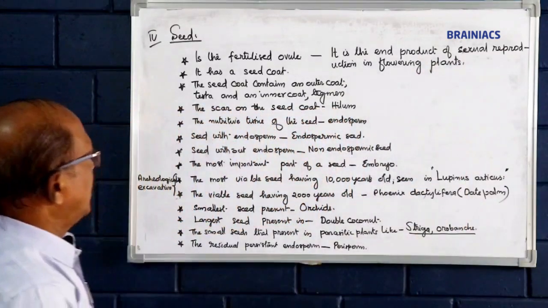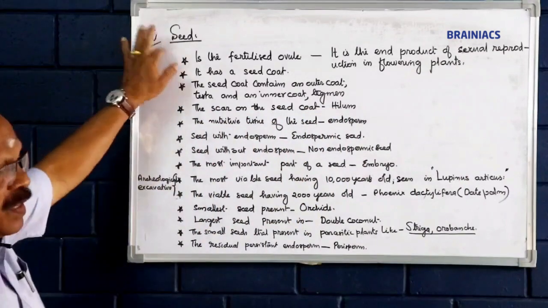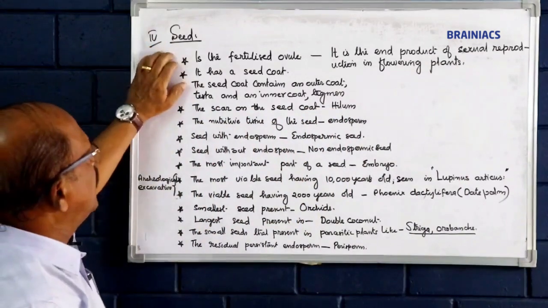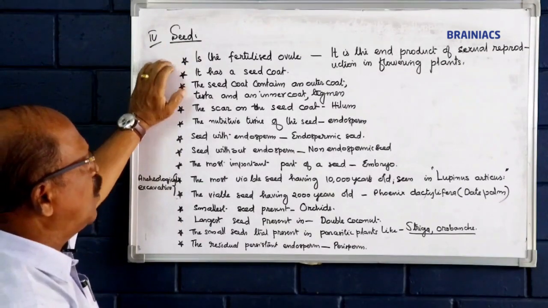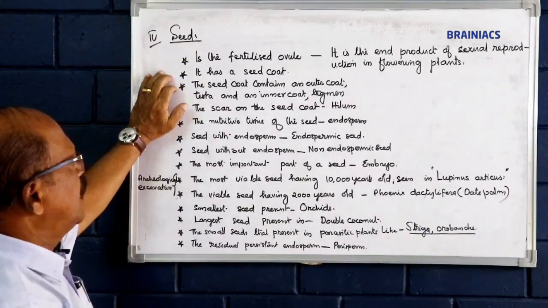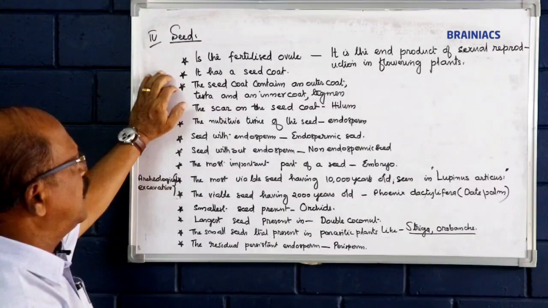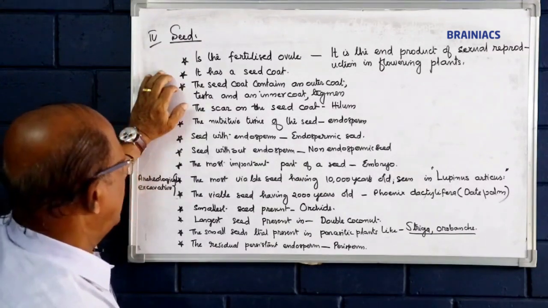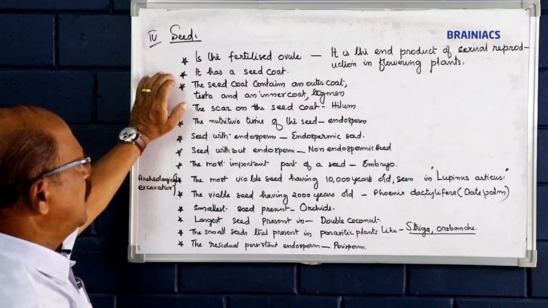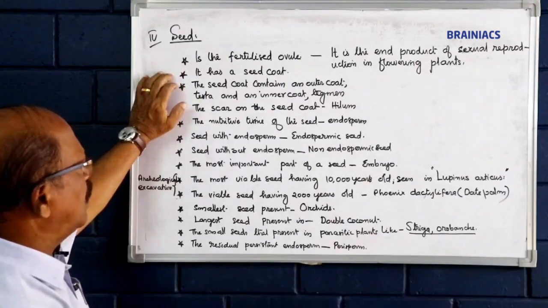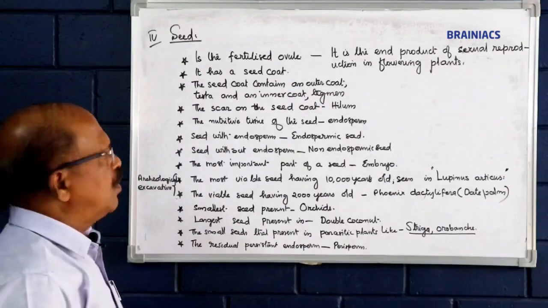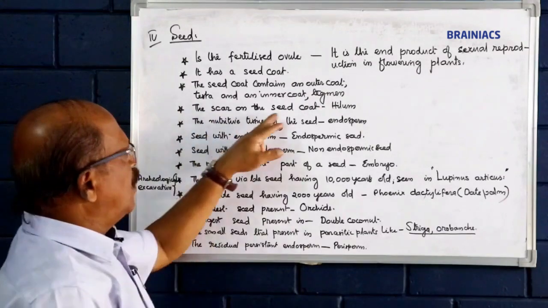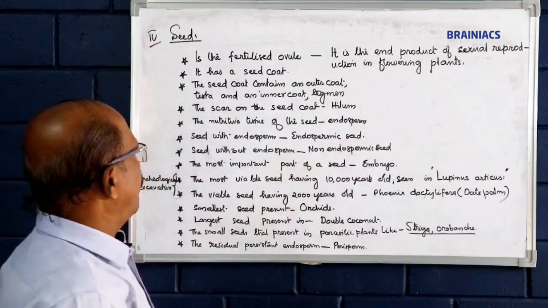Remember please. Seed has a seed coat. The seed coat contains an outer coat, testa, and an inner coat, tegmen. They constitute the seed coat. The scar on the seed coat is the hilum.